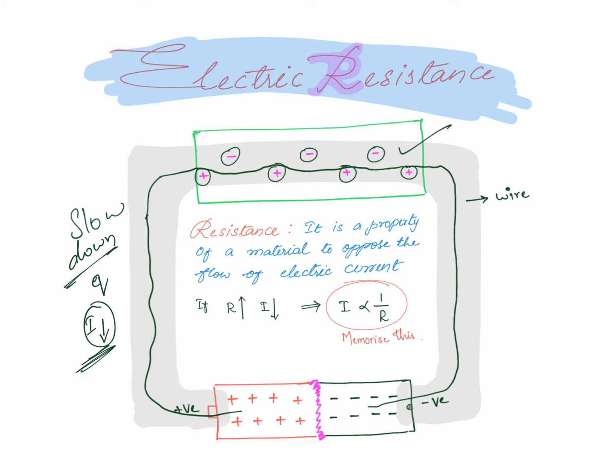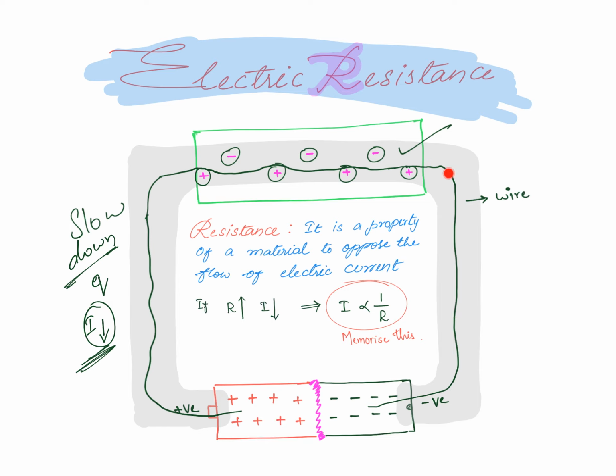I repeat, the conducting wire has got its own protons and electrons, isn't it? It is filled with protons and electrons, this wire. Remember this. Because this is a battery and we have the negative terminal and a positive terminal being connected through the wire, the electrons start moving from the negative terminal to the positive terminal.